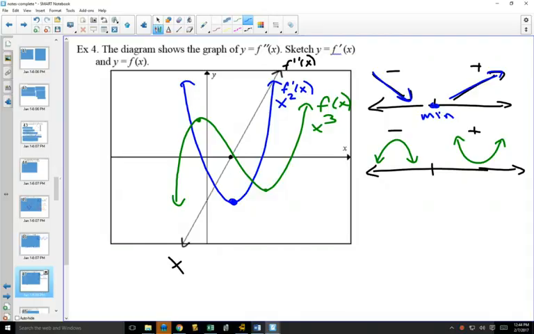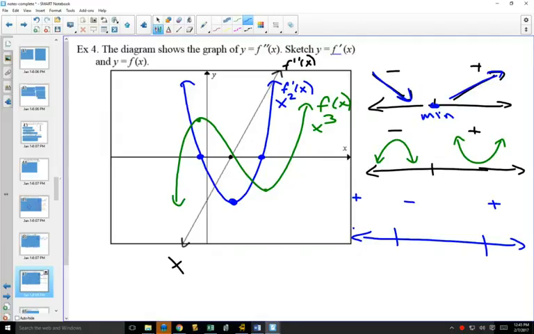But now that we've drawn our derivative, we can use these 2 points, where a derivative is equal to 0, to find out where we have maximum and minimums. And in between those 2 points, our function is negative.